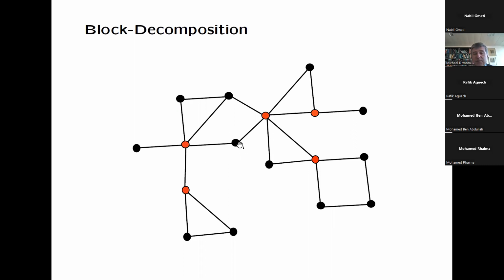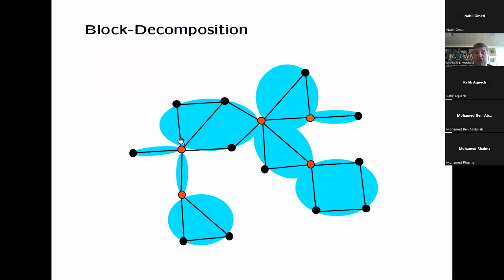This is not a cut point, because if you take it away, the graph will still be connected. But if you look at what remains, if you just look at the pieces that are in between the cut points, you will see so-called two-connected graphs. These are the blocks. So here you see the blocks of this graph, and this is the block decomposition. Blocks are two-connected. Two-connected means that you have to remove at least two vertices to disconnect.